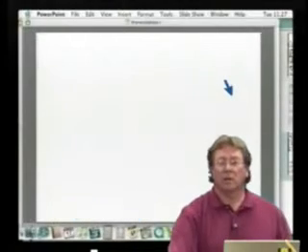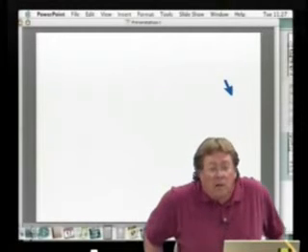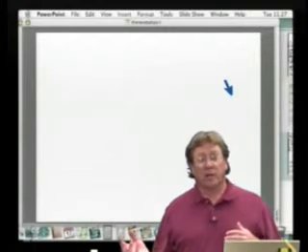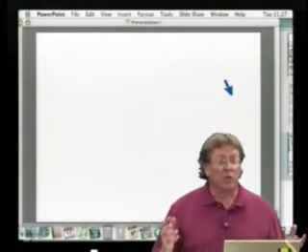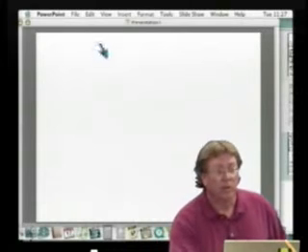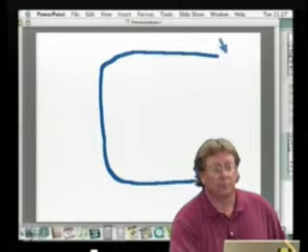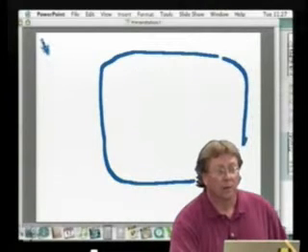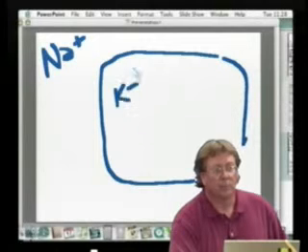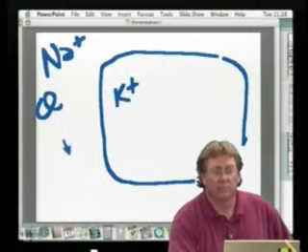So let's revisit ions. One of the key things that I'm going to ask you on exams are, which ions are in high concentration extracellularly, which ones high concentration intracellularly. So here's our cell. Sodium high on the outside, potassium high on the inside, chloride a little higher on the outside.